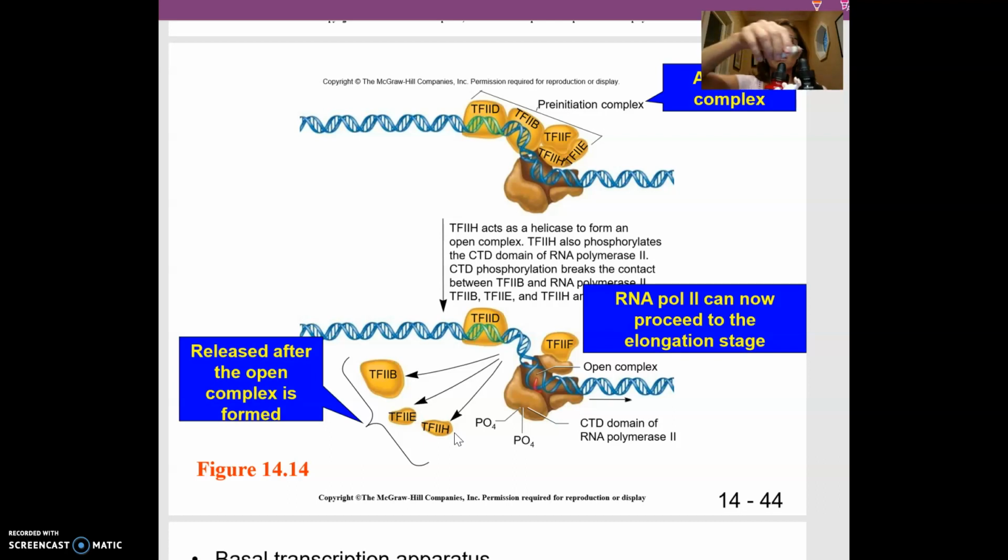Throw an eraser in here. They all assemble to make a holoenzyme, and then we're going to make a piece of messenger RNA. Several of these come apart. Transcription factor 2F maintains its contact with RNA polymerase II, and then ATP is being used to synthesize new DNA, or new RNA, I'm sorry.